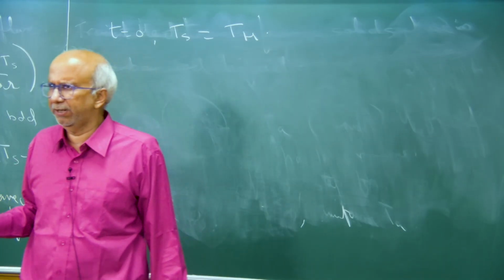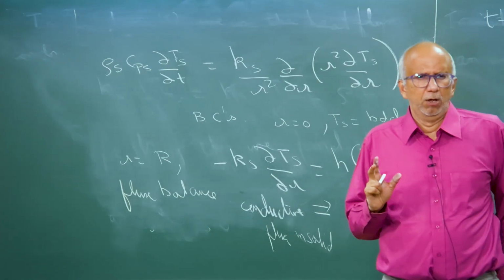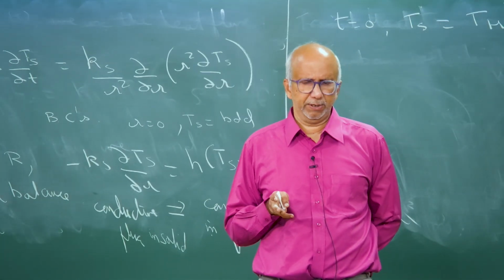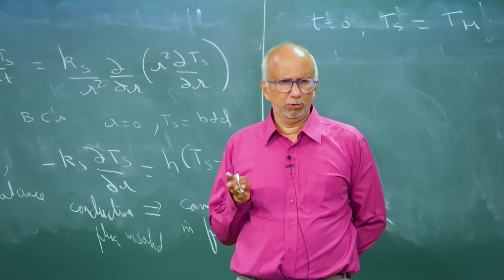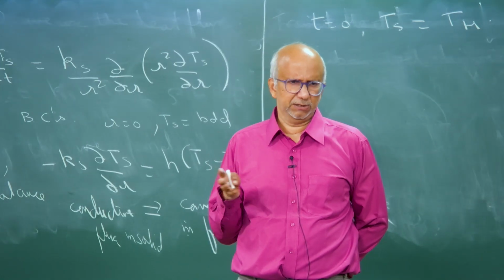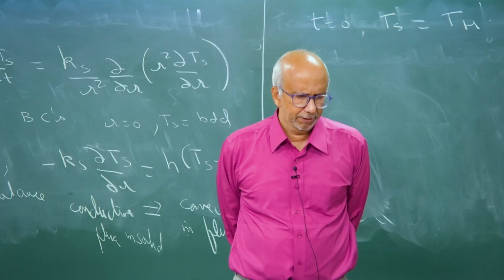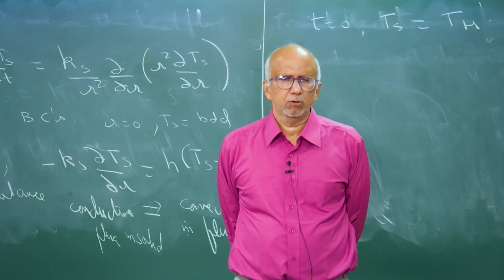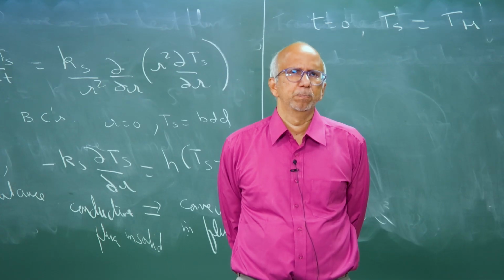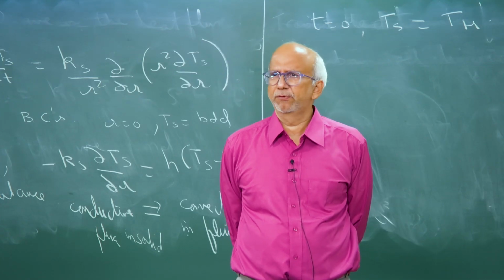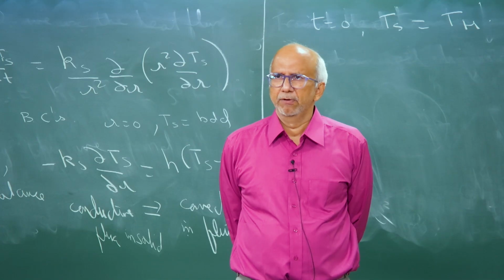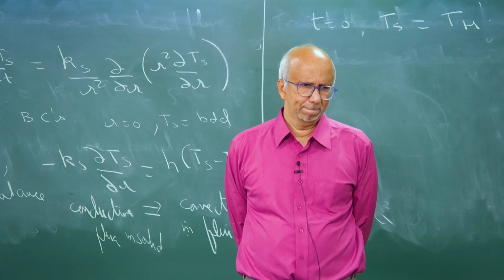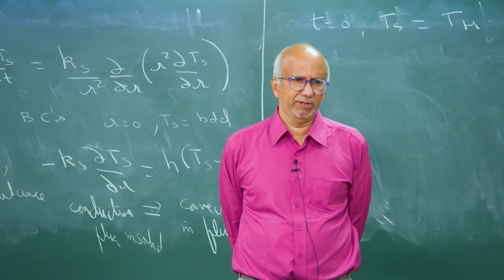So, with these boundary conditions, you can actually solve the problem using separation of variables. I am not going to talk about separation of variables here, this is a very standard method. What I wanted to do is, you have also done the problem of heat transfer from a sphere in the limit of low Biot number or high thermal conductivity.